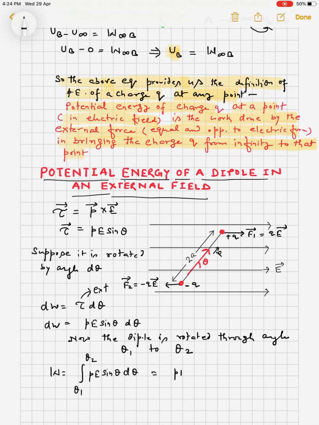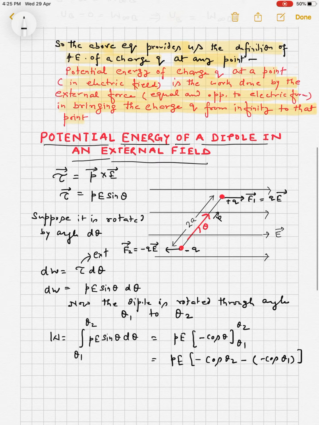So PE comes out of the integration sign, and the integration of sine theta is minus cos theta, between the limits theta 1 and theta 2. By putting the limits, PE times minus cos theta 2 minus cos theta 1. So this W becomes PE within bracket cos theta 1 minus cos theta 2. This is the work done by the external torque.